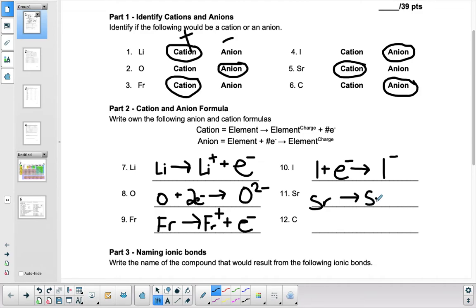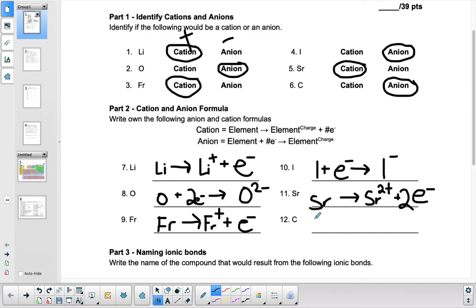So strontium plus its separate electrons. We said strontium has 2 valence electrons, which means we need to get rid of 2. And then that's going to give us a positive 2 charge. We now have 2 more protons than we do electrons, so positive 2.